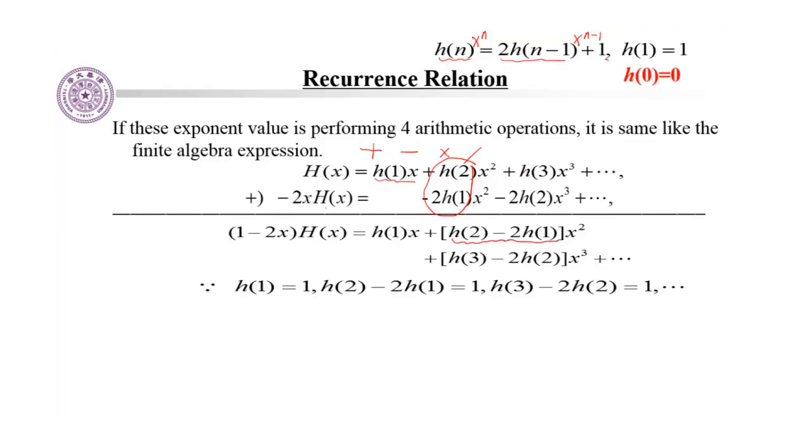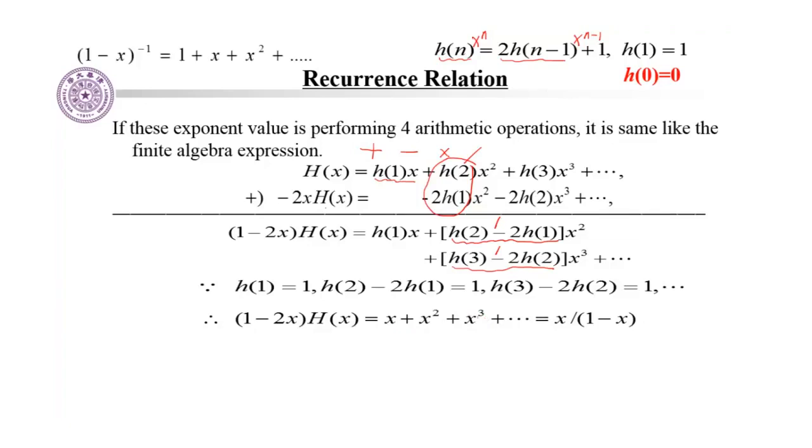Since h2 equals 2h1 plus 1 according to the recurrence relation, the coefficient here is 1. Same as h3 minus 2 times h2 should equal 1. We will find the recurrence formula helps us to simplify here. Therefore, we can further organize the right side terms, which convert into x plus x squared plus x to the third power.